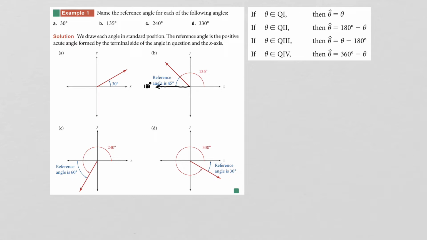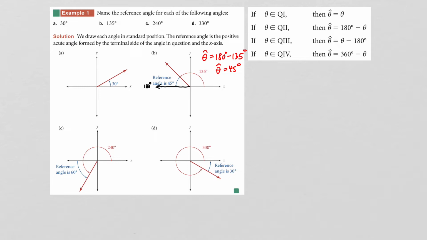And so if we're looking at a 135 degree angle, the question is, how much farther do we have to go to get from 135 to 180? So the reference angle in this case, to calculate it, we just simply take 180 and subtract 135. And doing this gives us a reference angle of 45 degrees.